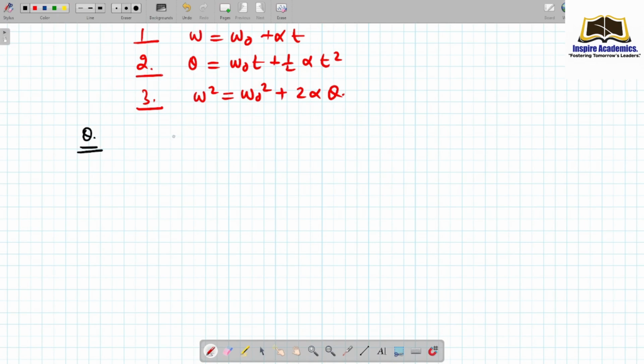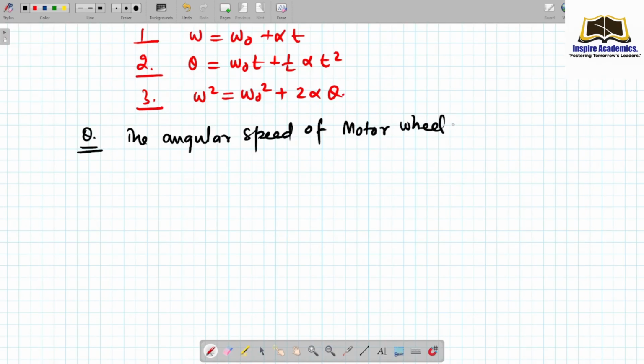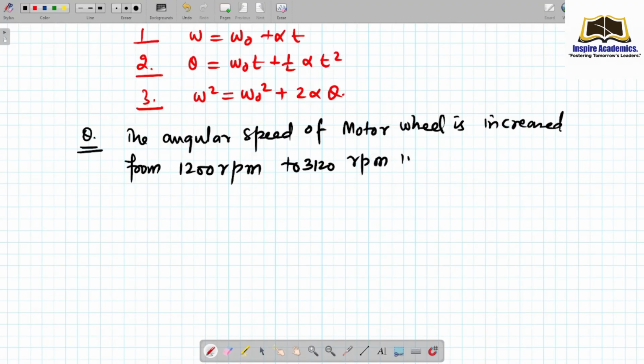Question: let us say the angular speed of a motor wheel is increased from 1200 rpm, rpm means rotations per minute, to 3120 rpm in 16 seconds.